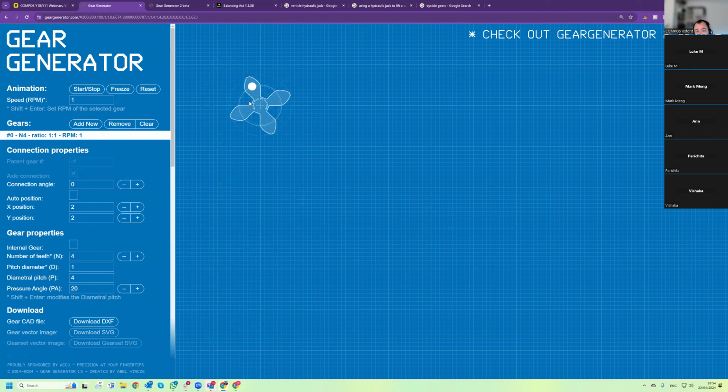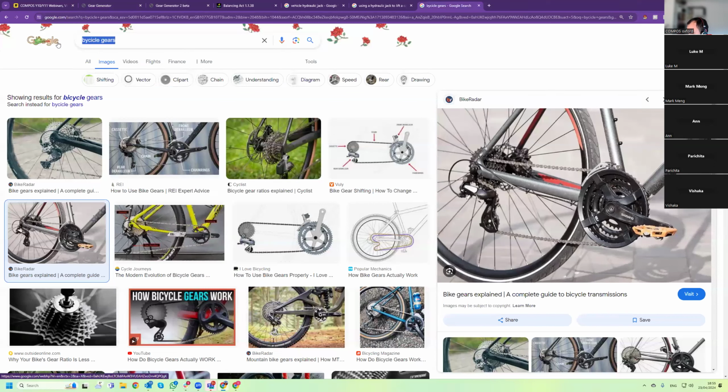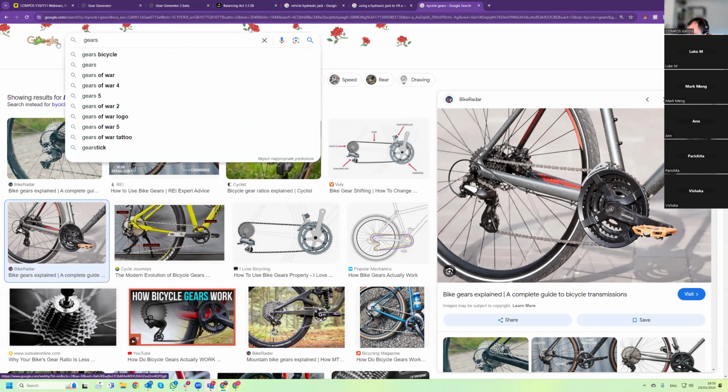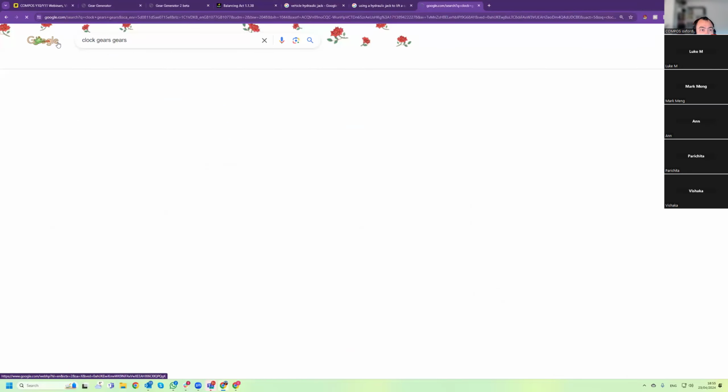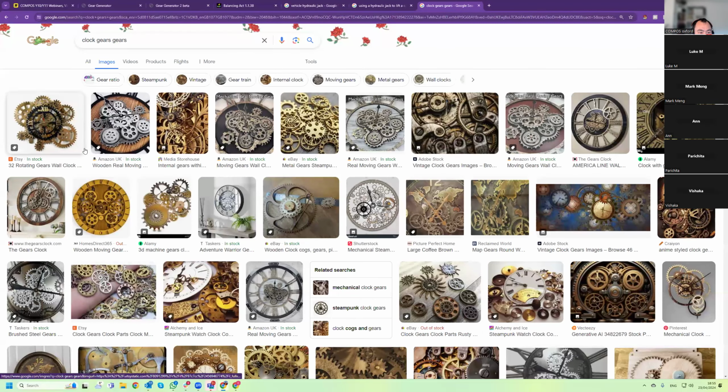Right, so this gear, if you're thinking about a clock, analog clock gears.